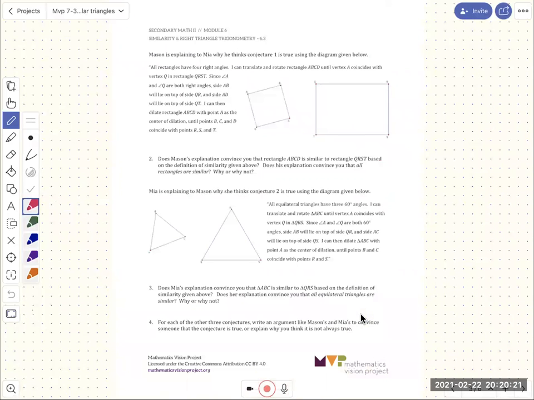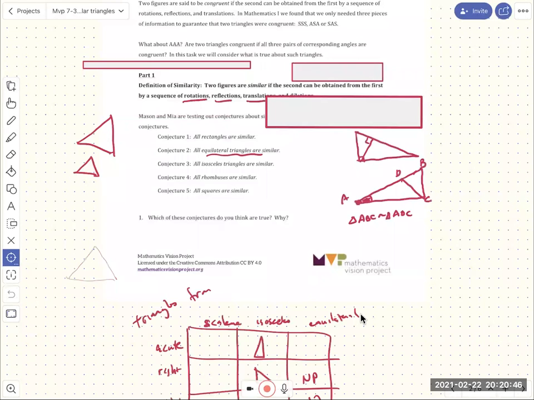Now, here's what they're going to talk about: can you always dilate? So the argument is that, well, I could rotate and then line up, say, point A with point Q, and then I can dilate, okay? And, in that case, it's easy to go back then to a diagram like this and say, yeah, we can overlap these, right?